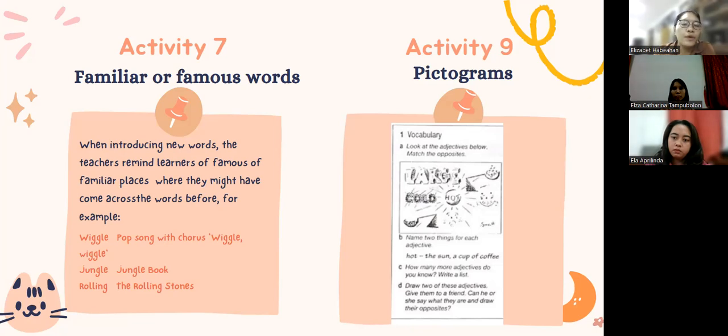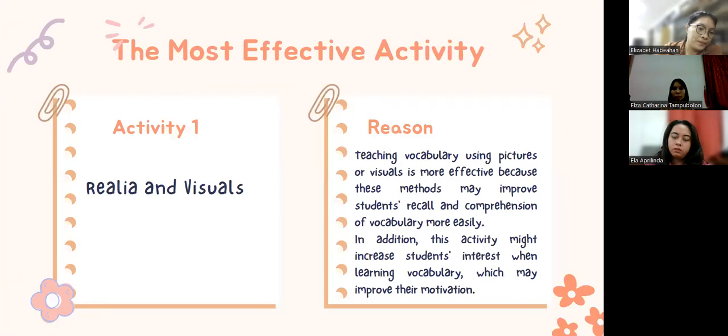The word hot refers to something like the sun or a cup of coffee, or like cold. The word cold refers to maybe ice or snow, etc. It's just an example. So the next slides will be presented by Elsa.